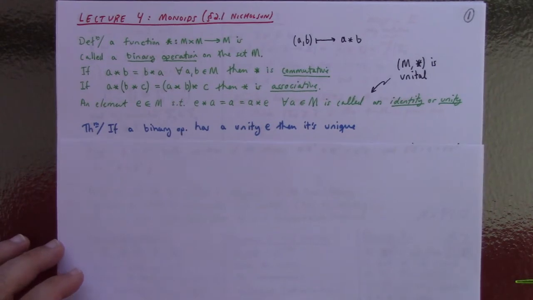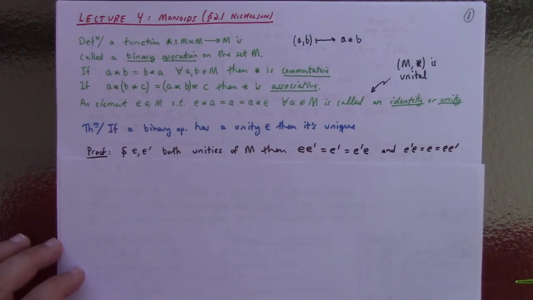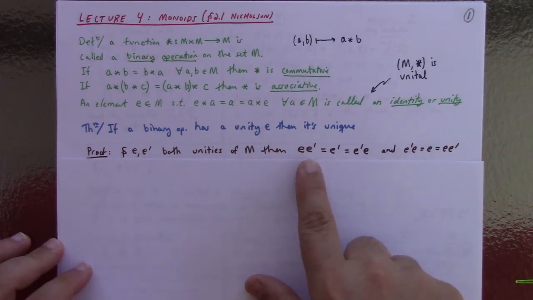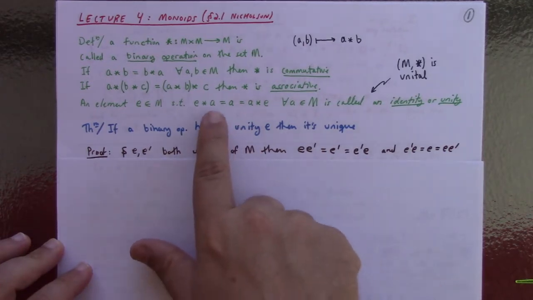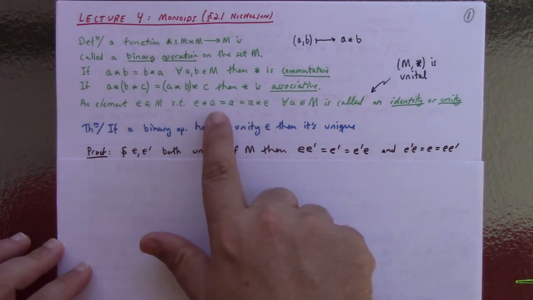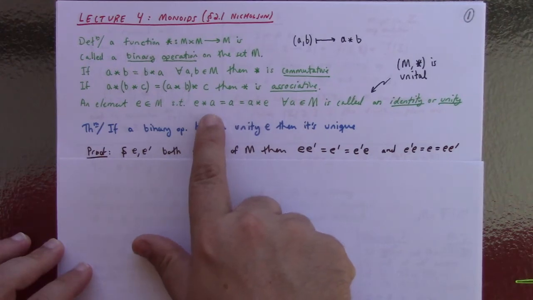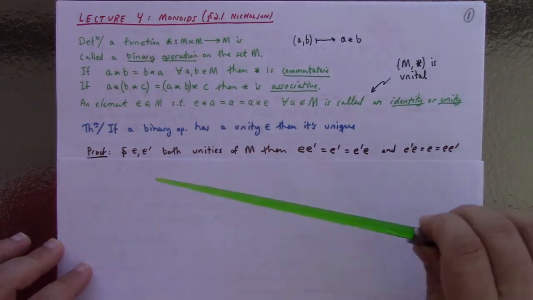Okay, our first theorem. If a binary operation has a unity, then it's unique. This is actually pretty easy to prove. So e and e prime are both elements of M, so by definition we have e prime equals e e prime, because again, e is serving the role of an identity, so it satisfies this in the particular case that a is equal to e prime.